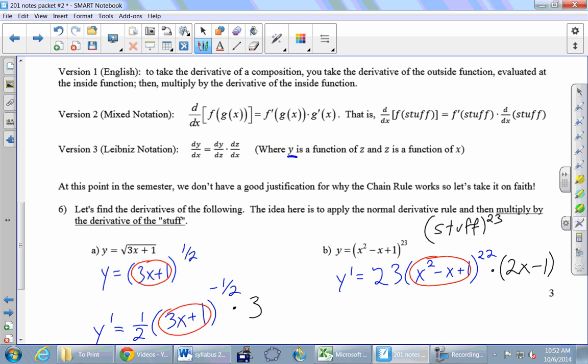And the idea here is that y is a function of z. So y is your outer function and z is your inner function. And so I'm going to highlight some stuff. There's the derivative of the outer function in both. Here's the derivative of the inner function in both. Okay. I think that's good.